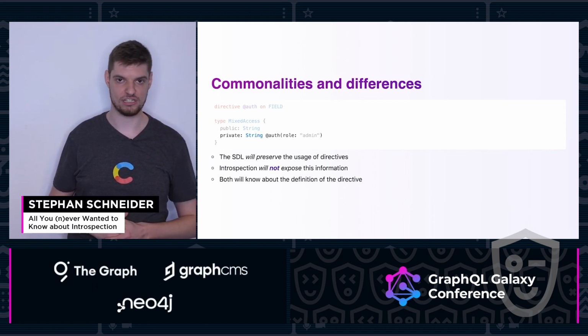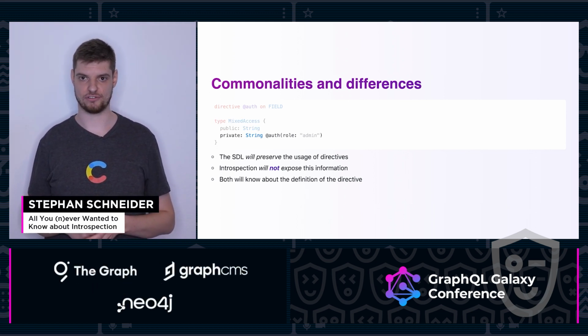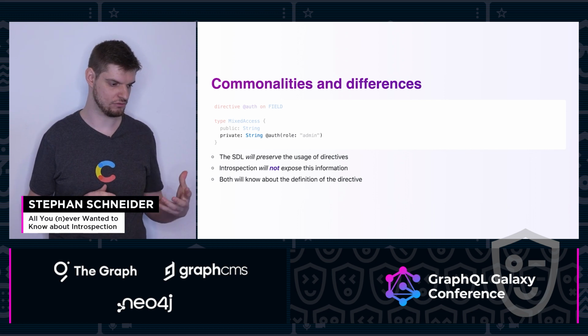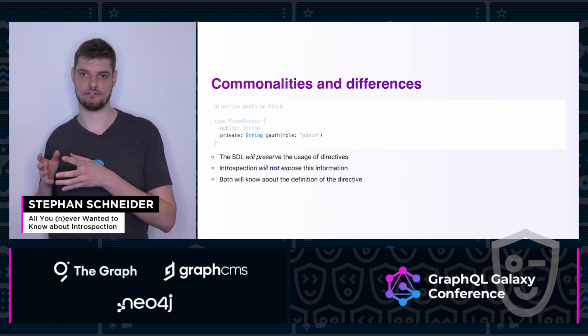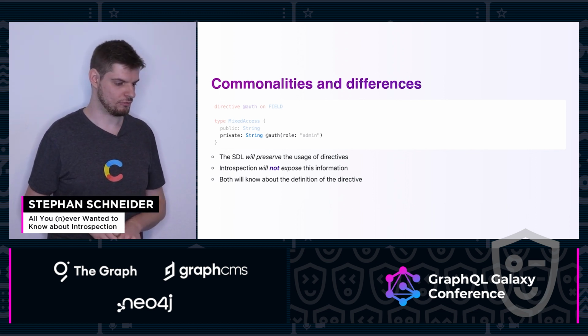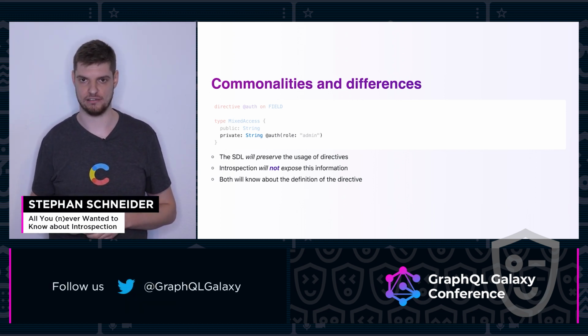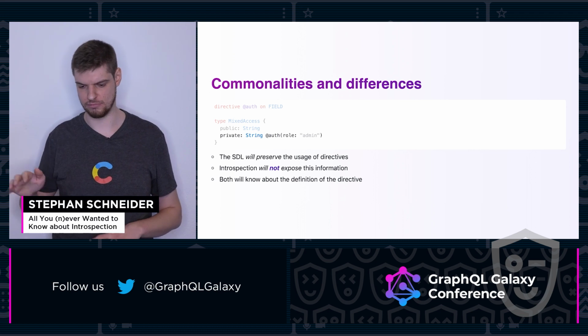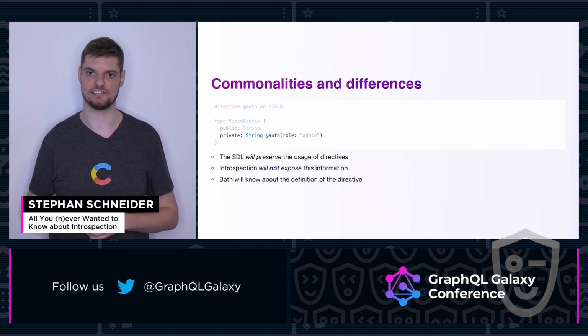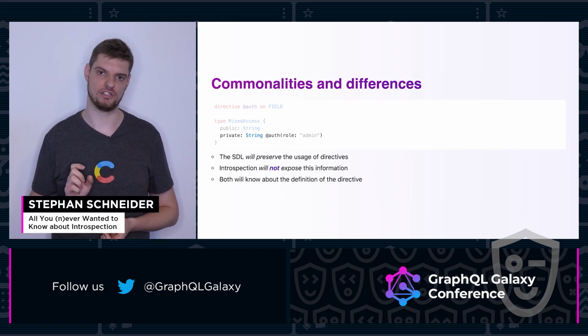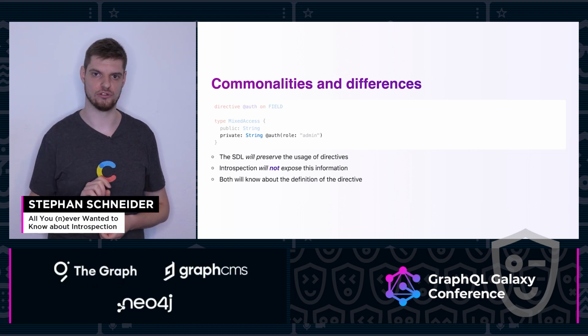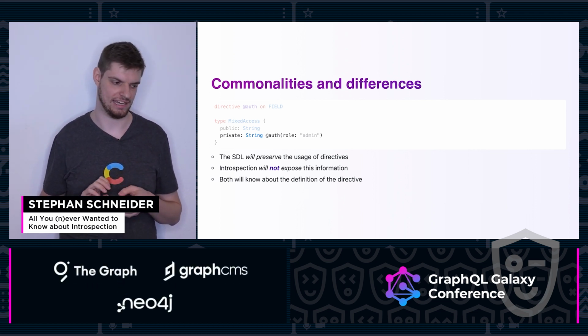And this one can only be used by admins. So with an addAuth directive usage, we say it can only be queried by an admin. In the SDL, you will have this information retained. So you can build a schema out of it and print it back to an SDL string. You will get those usages preserved, and you know which field has which directives applied.